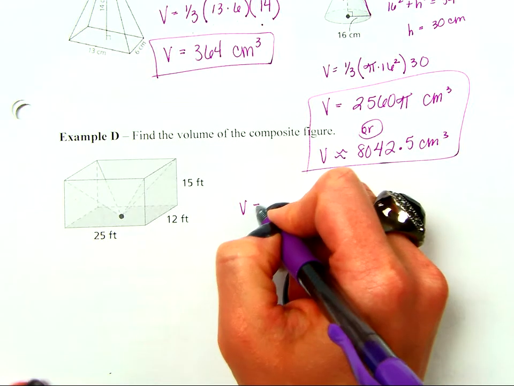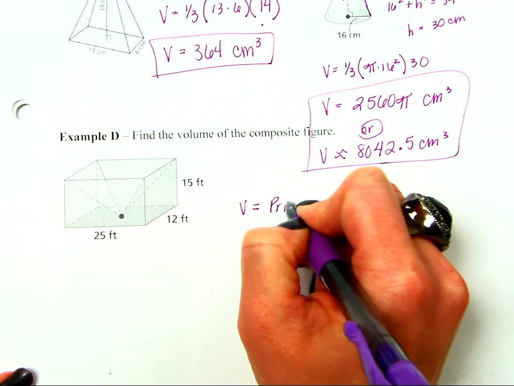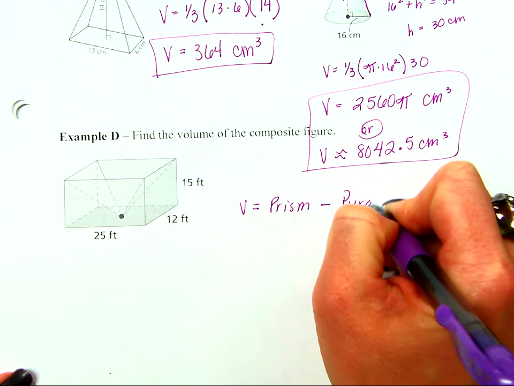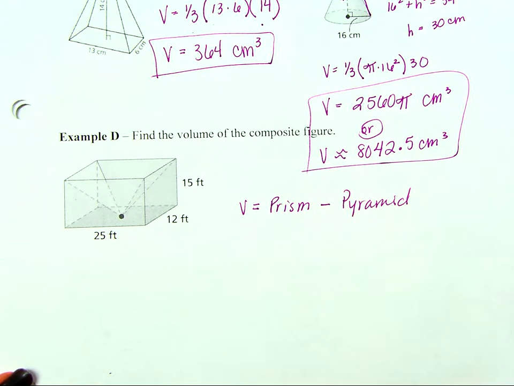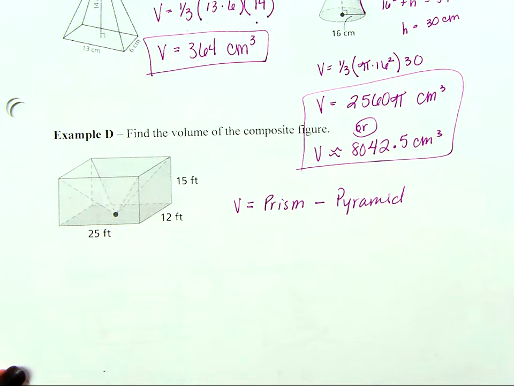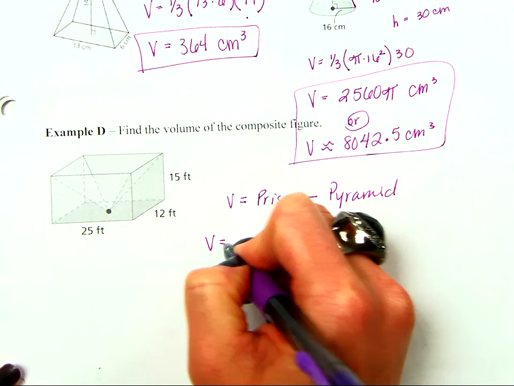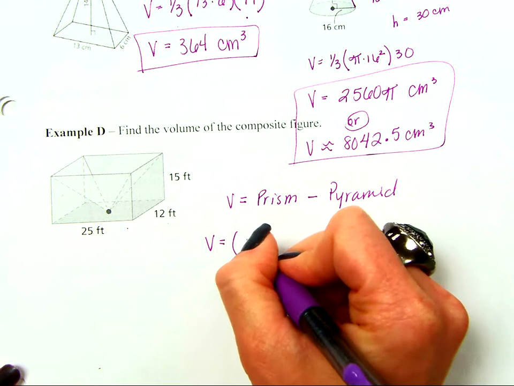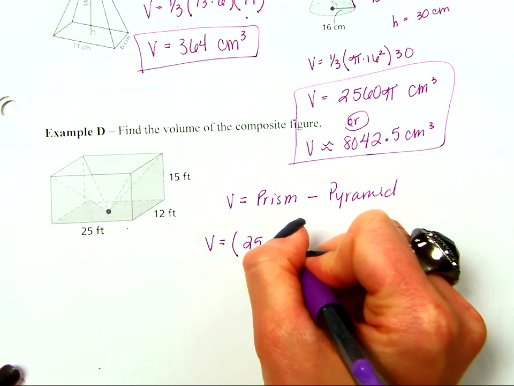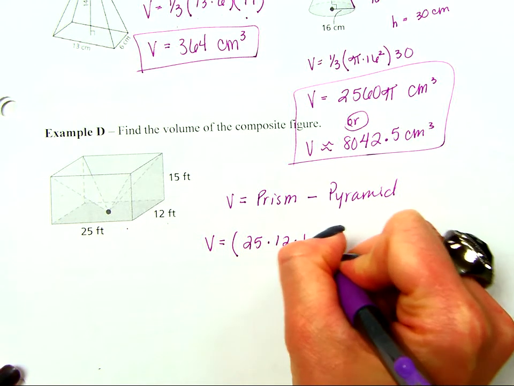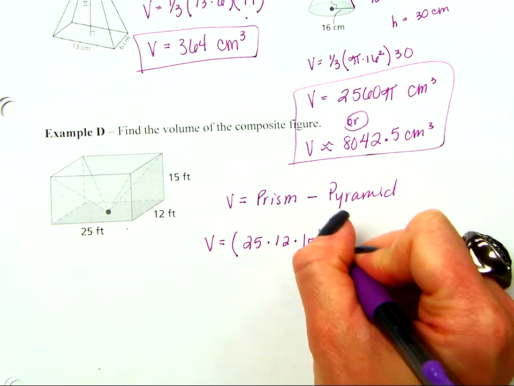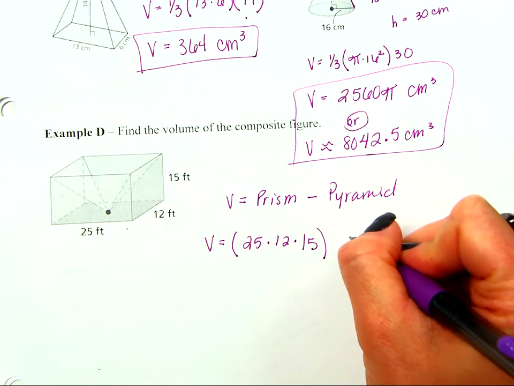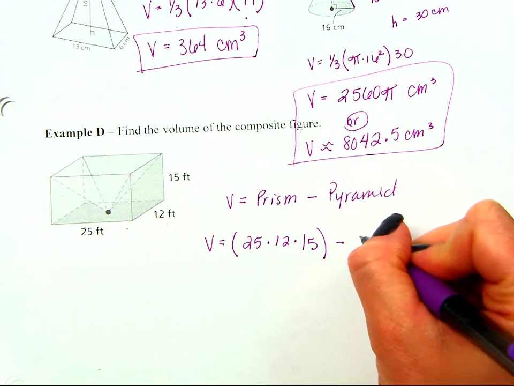Well, strategy a lot of times kids will tell me is we need to take the prism and we need to subtract the pyramid. And that would work. The volume of my prism, well, we know the rectangular area of the base times the height, or length times width times height, would be 25 times 12 times 15, and we need to subtract out my pyramid.